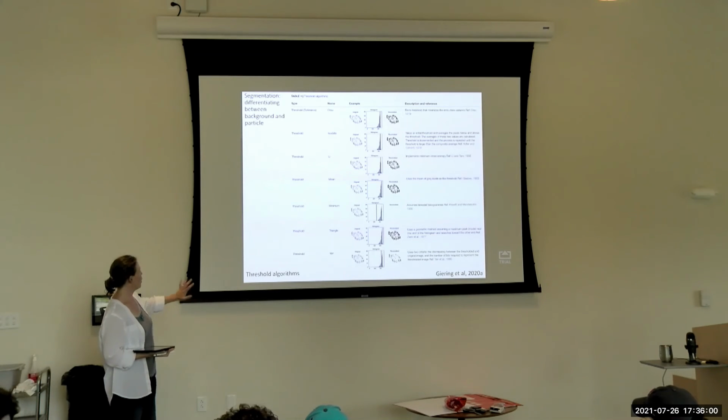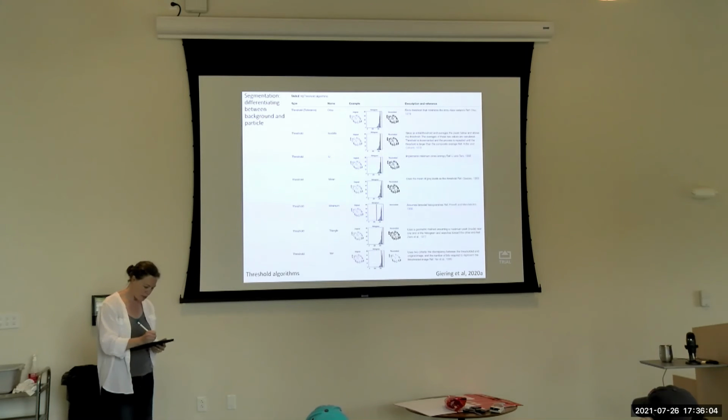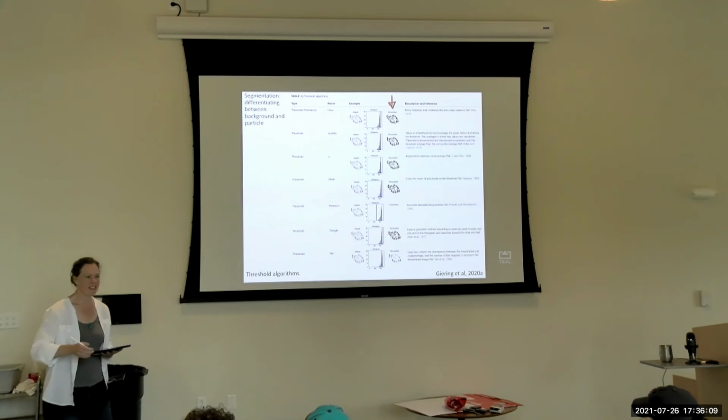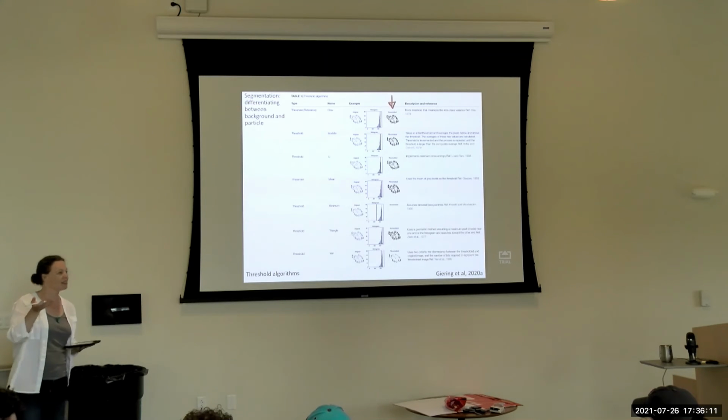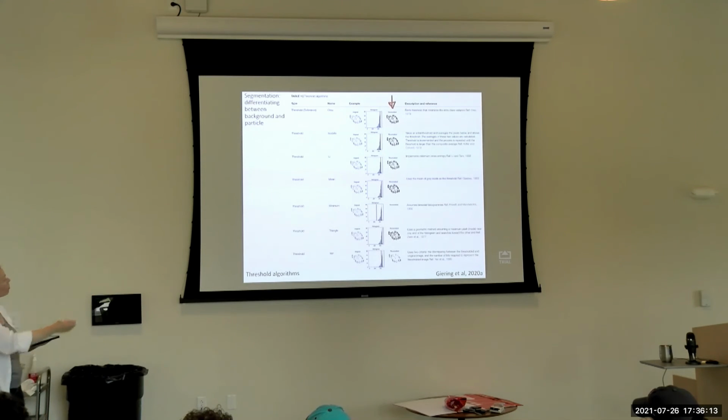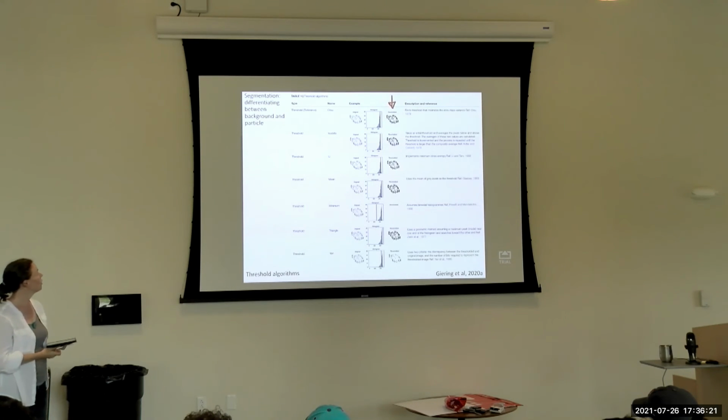So they're looking at different algorithms. I think you can probably see in this column that there are massive differences in what areas are included in the particle that's detected. And they're just comparing everything to one threshold algorithm, so that they're doing everything relative to the Otsu algorithm.